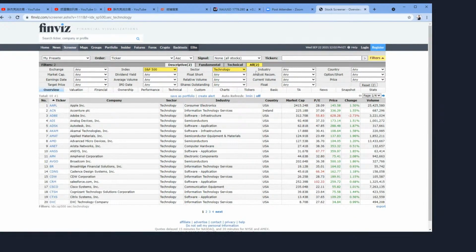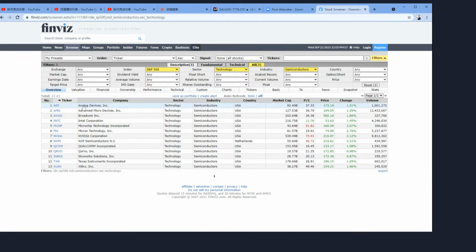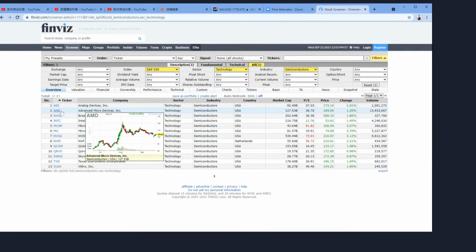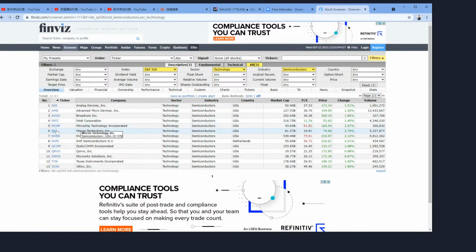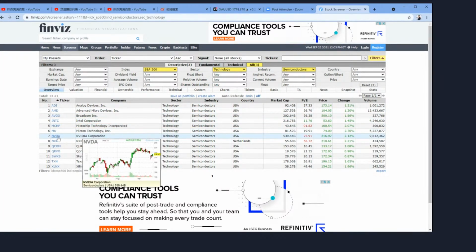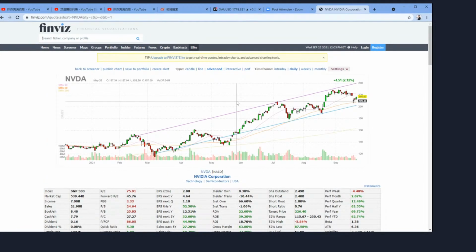You pick technology, industry any. Semiconductors maybe, right? Then you see AMD, ADI, AMD, MU, Nvidia. Ooh, looks like Nvidia has good patterns, guys. Nvidia is okay. Let's check Nvidia.